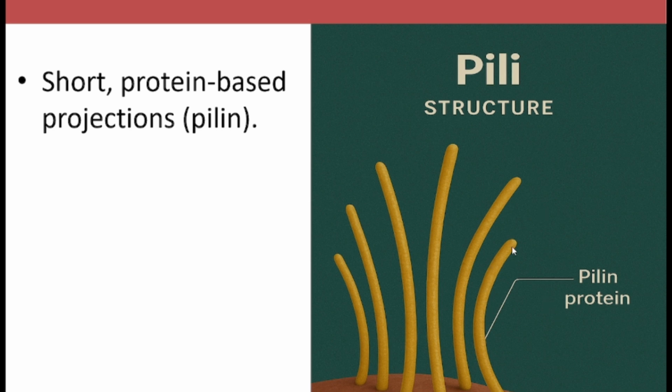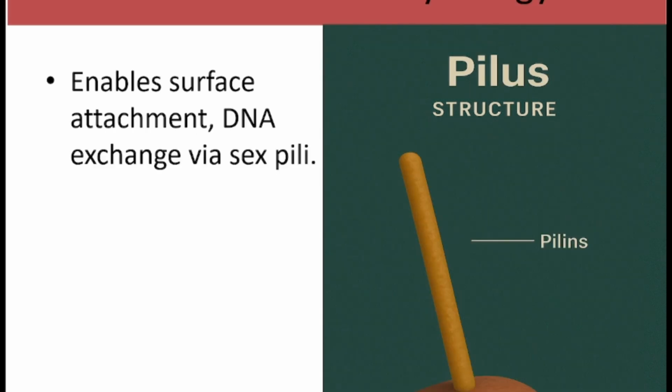So you can see this is a pilus, and it contains a protein that enables them to attach to surfaces, to hard surfaces, and also helps them exchange extrachromosomal material or DNA via these pili. So that is one of the functions of pili.